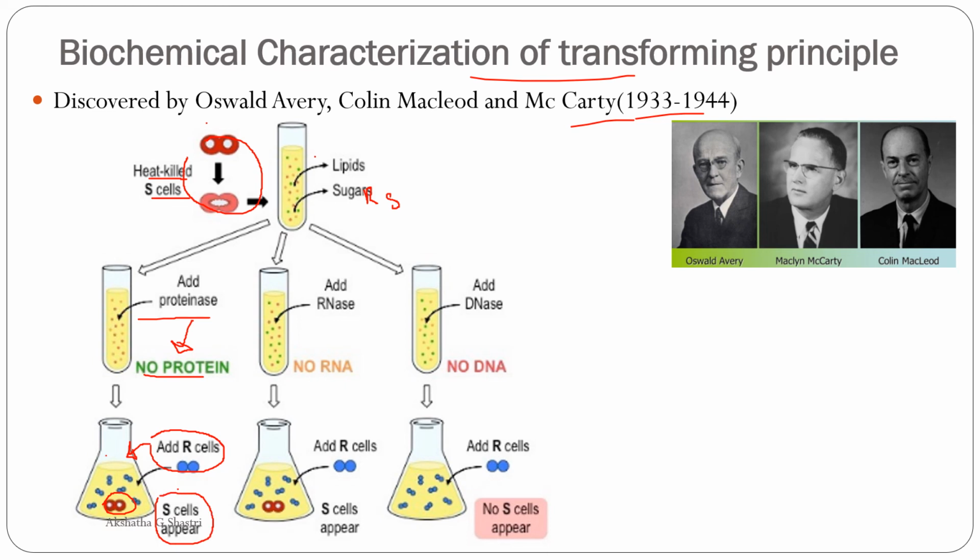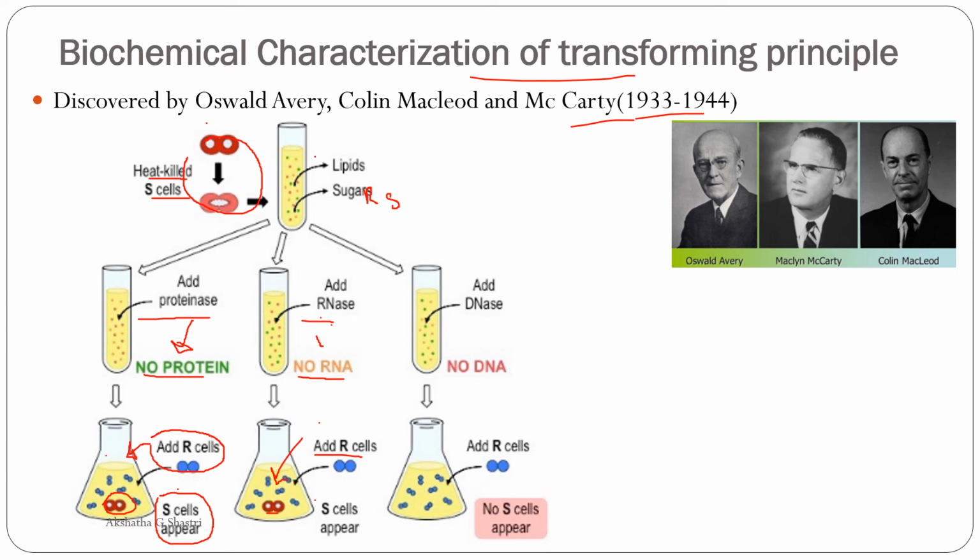Next, in the second case, they added the RNase enzyme to the same mixture so that the RNase digests the RNA so that no RNA can be seen in this test tube, and they introduced the live R cells to the test tube containing the heat-killed S cells. Here also they found the S cells, that is, transformation.